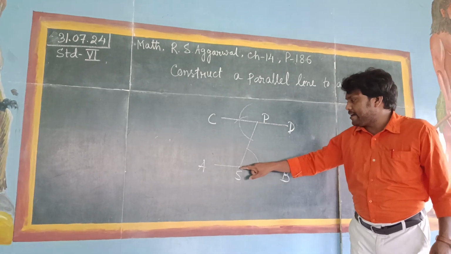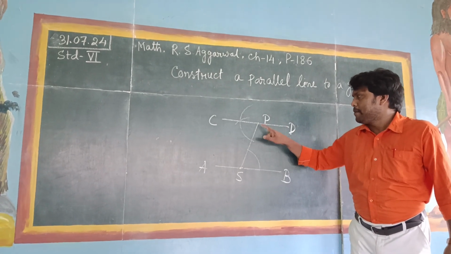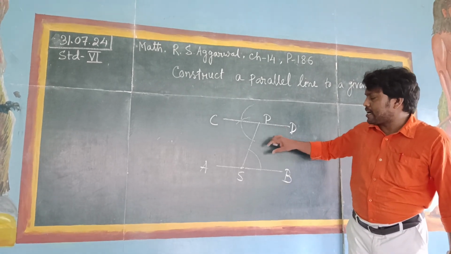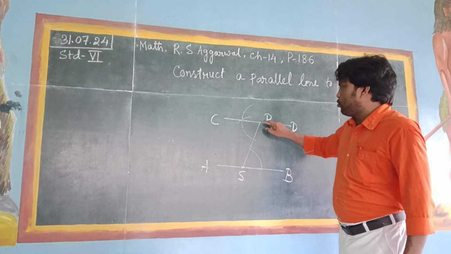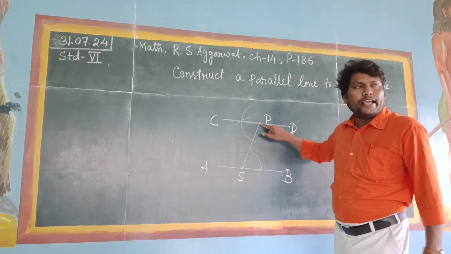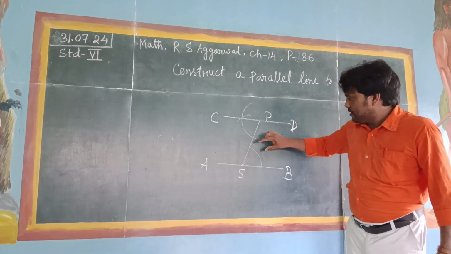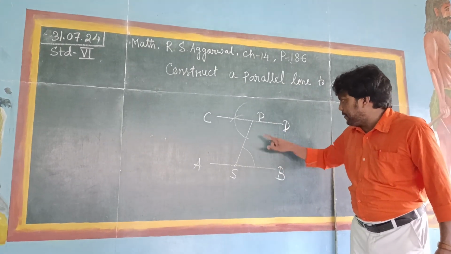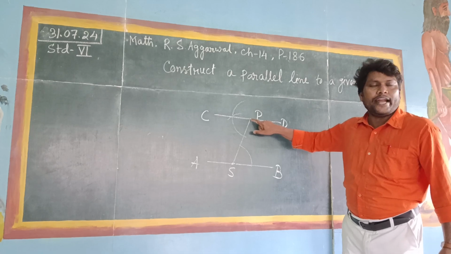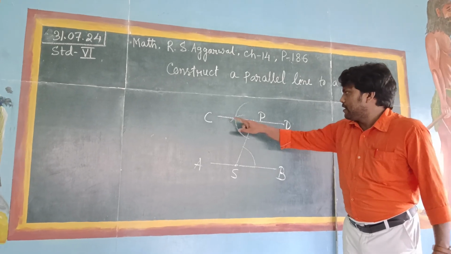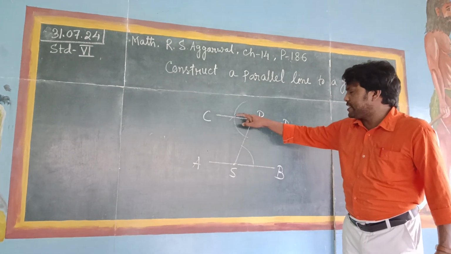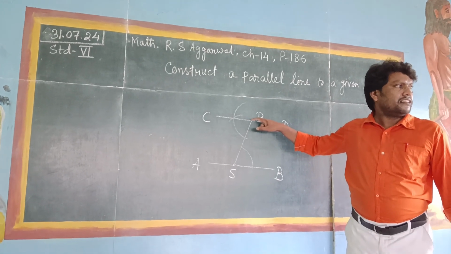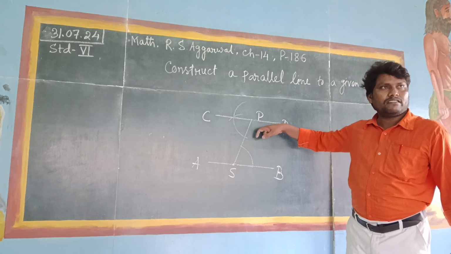Next step, join the two points P and S. Then I have constructed an angle through the point P, that is angle PSB. Okay, CPS, that means the angle is constructed here.